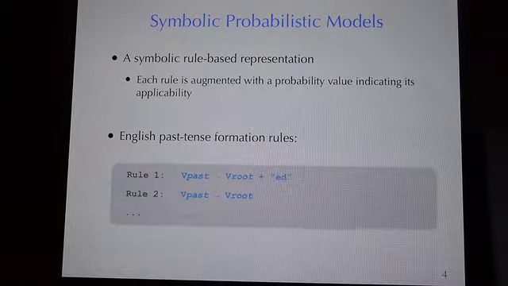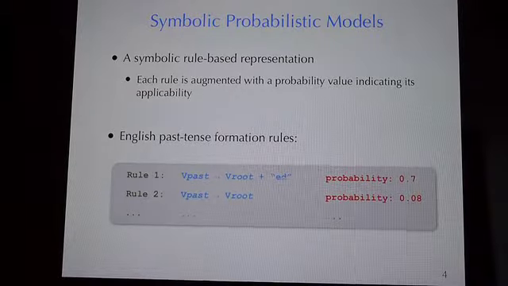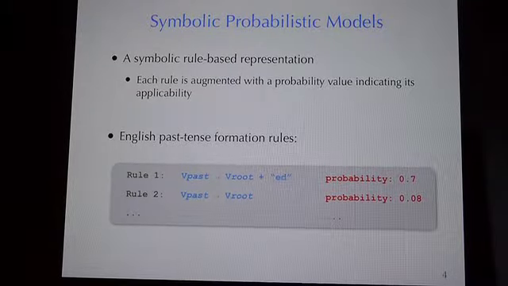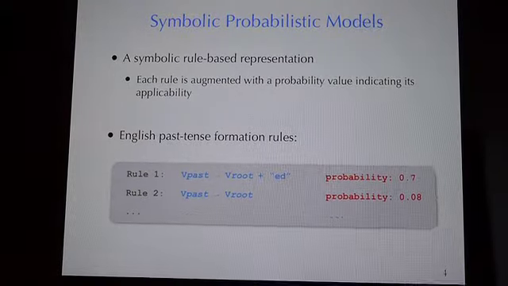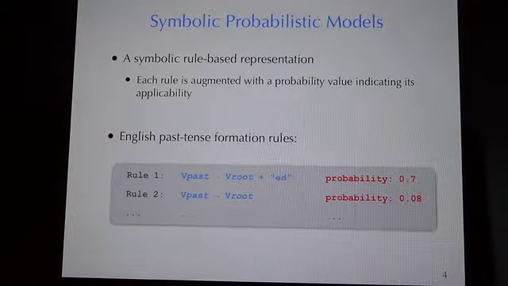So in a probabilistic framework, you actually list all these rules, but you also add a probability value to each rule. So 70% of the times a verb is attached to a suffix d or ed in order to be used in past tense. But then 8% of the times the verb doesn't undergo any change. It is used in its root form in order to convey a past tense usage.